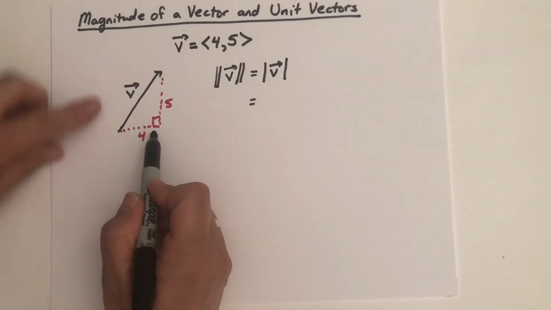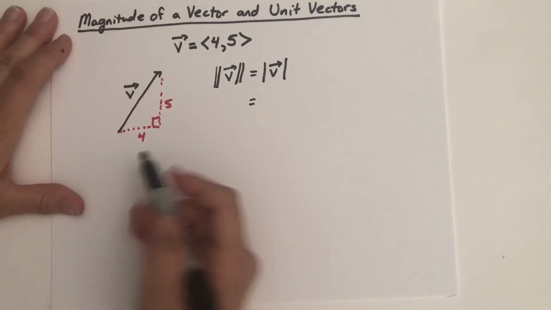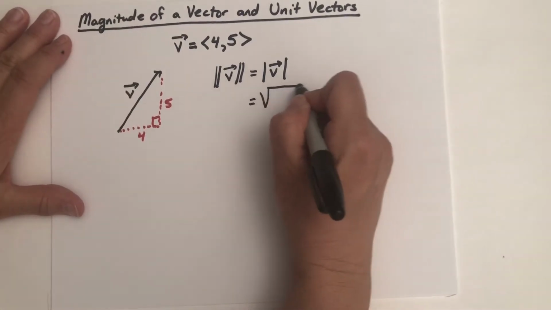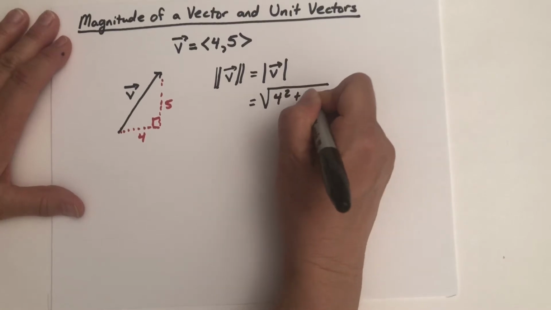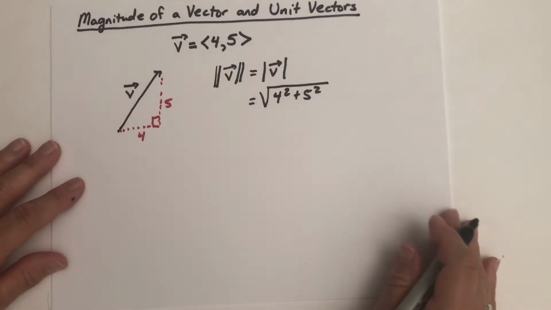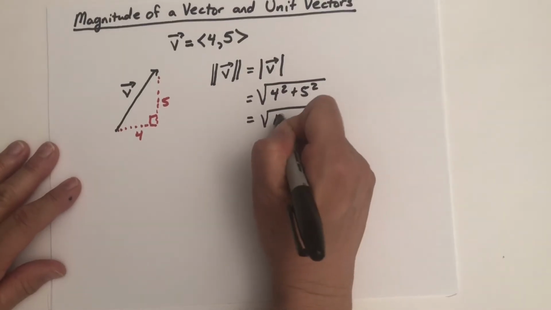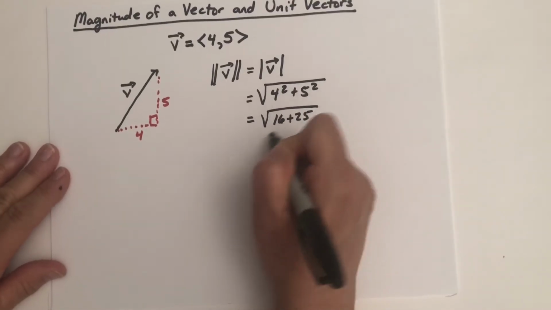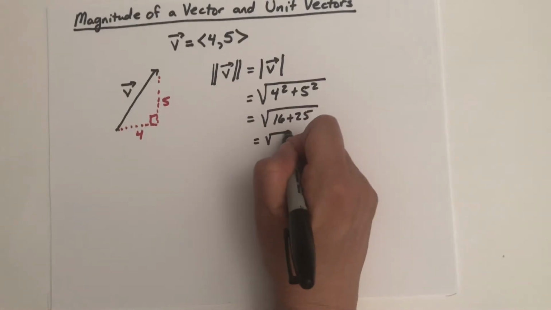You know that the length of the hypotenuse of this right triangle would be the square root of 4 squared plus 5 squared. And we can simplify that, and we have the square root of 16 plus 25, which we know is the square root of 41.